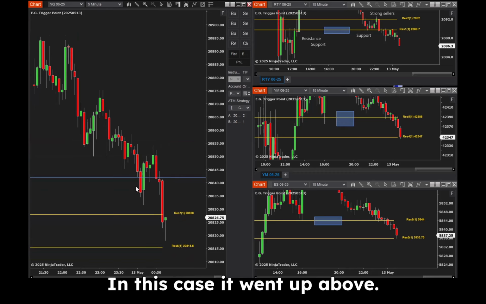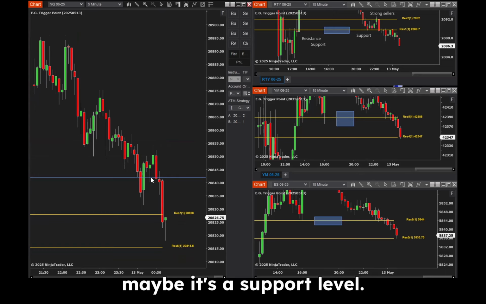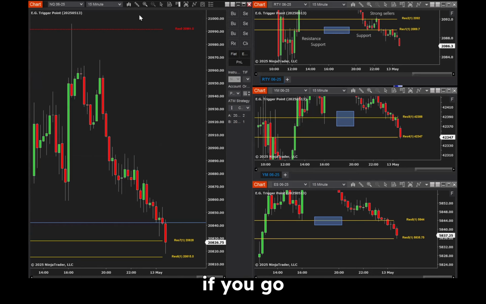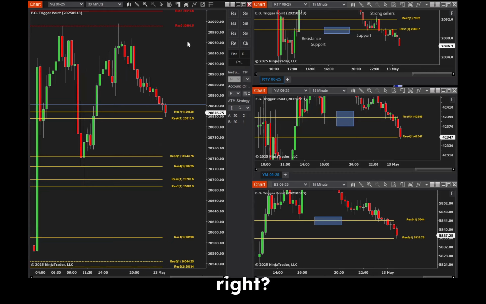In this case, it went up above, so traders could have thought that maybe it's a support level. I knew based on what I observed on RTY, ES, and YM that NQ will follow and will break. Although this small retest, guys, you cannot see this retest if you go to 30-minute time frame, right?